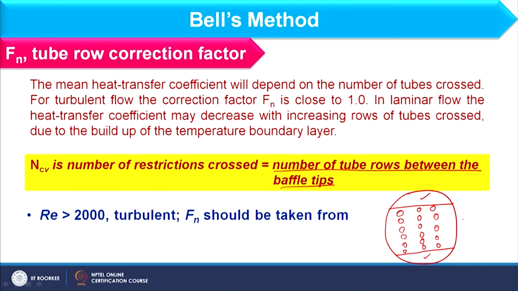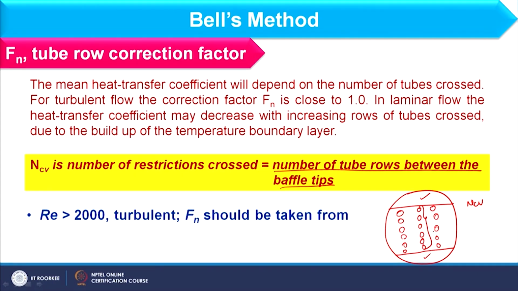So, in this way we can consider these as NCV, okay, and so the NCV is basically the number of tube rows crossed by fluid when it is available between two baffle tips.